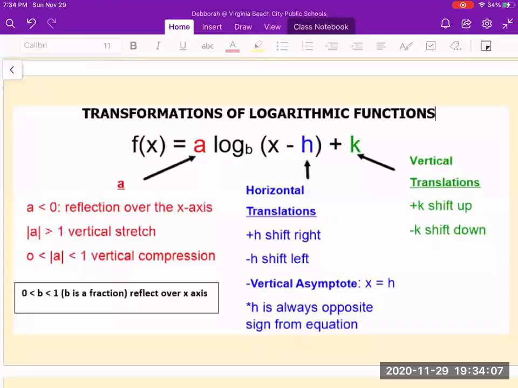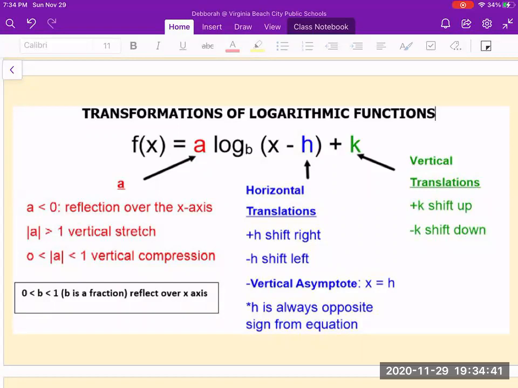Now let's take a moment to look over the transformations, the same transformations we have been performing for all of the other function families. If a is less than 0, we reflect over the x-axis. If the absolute value of a is greater than 1, we have a vertical stretch. If a is between 0 and 1, meaning a fraction, we have a vertical compression. Please note that if b is a fraction, that will also cause a reflection over the x-axis.